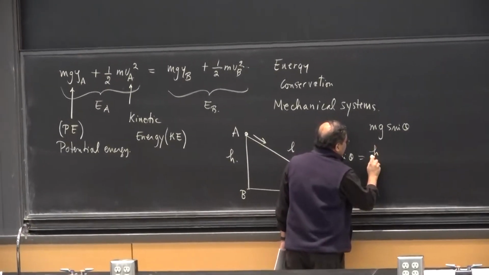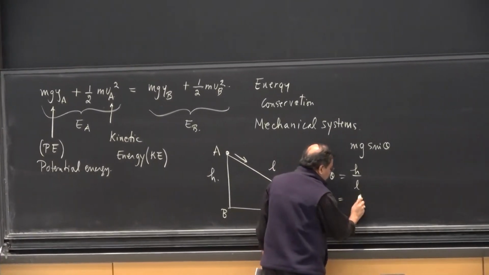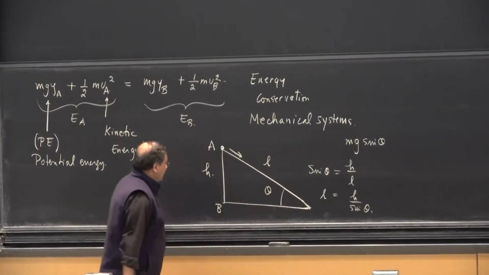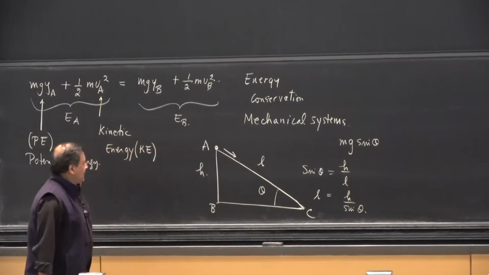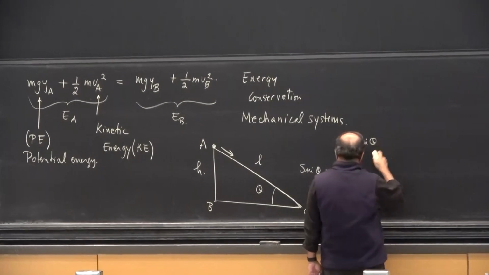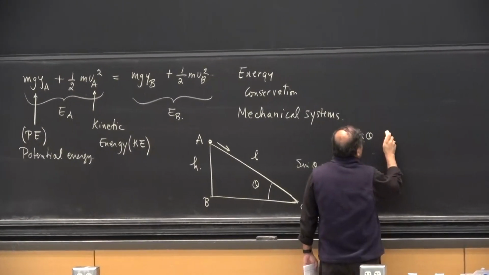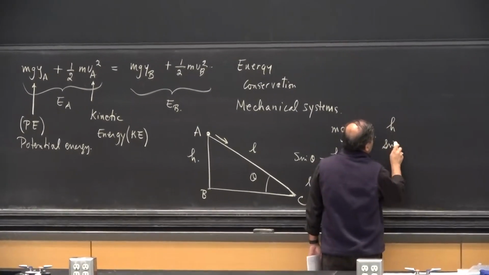So sine theta is h over L, which means L, the distance traveled, is h over sine theta. So let's call this point C. So this is the force, and force times L is h over sine theta.